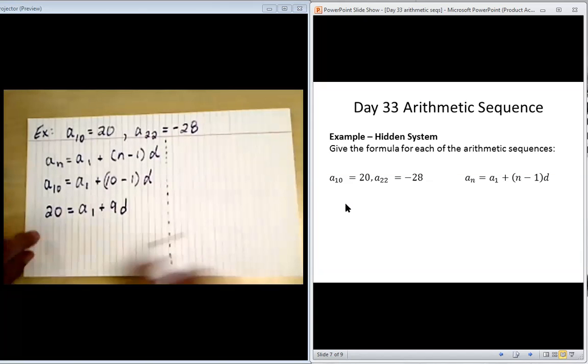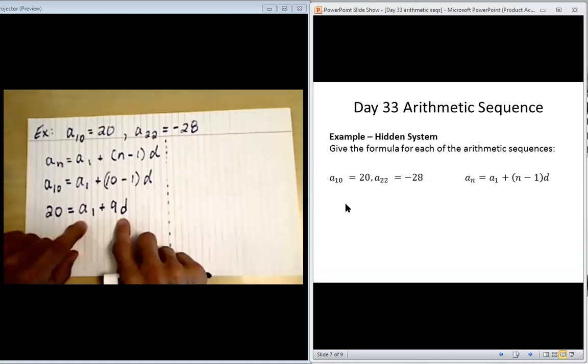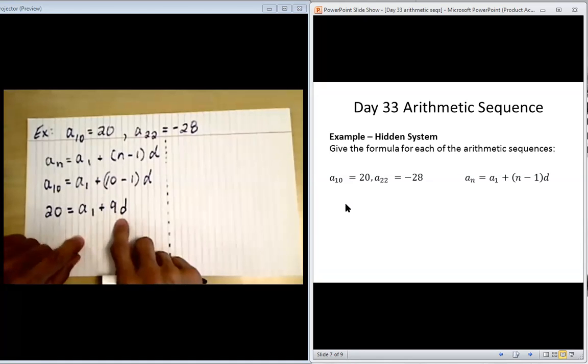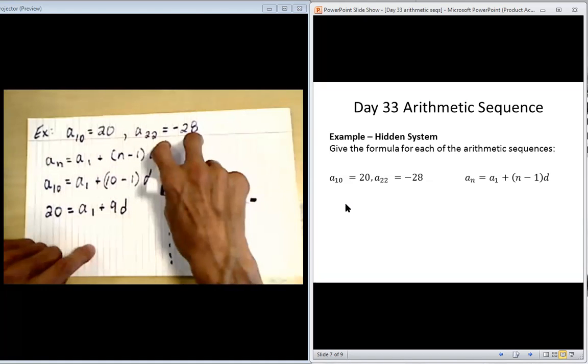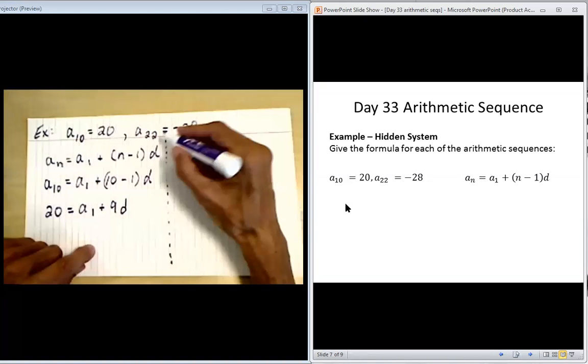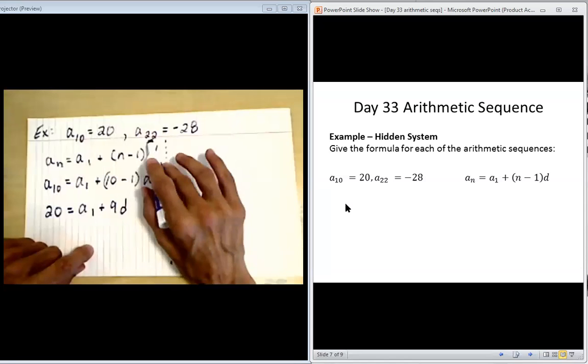And we're just going to leave this here for now. And so notice there's two things missing, just like an X and a Y. A1 is missing and a D is missing. Okay, but what we'll do is the same steps with the second equation. For the second equation, because the 22 is there, N will be 22.